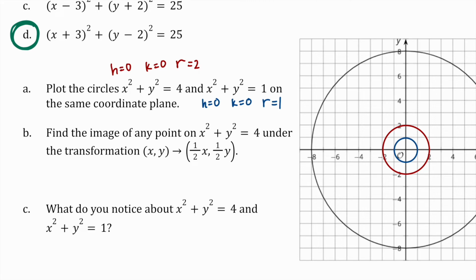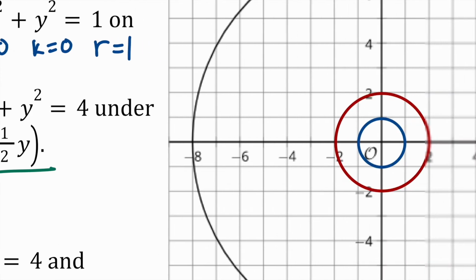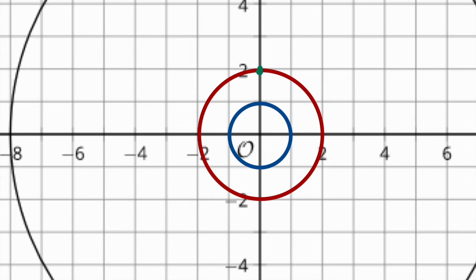And then they want me to do half of the distance, or half of the coordinates, for each of these. So let's start with this red one here, and we'll say this point right here at the top. If I go half of the distance, well, this is 0, 2, half of 0 is still 0, and half of 2 is 1. So it actually lands on that blue circle.